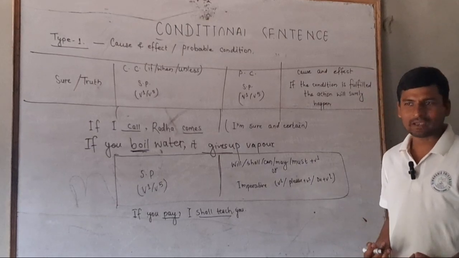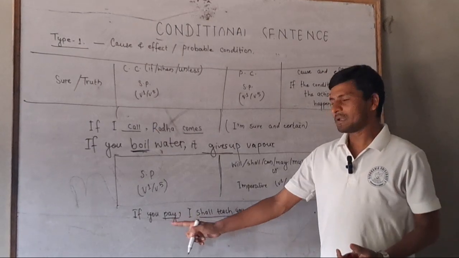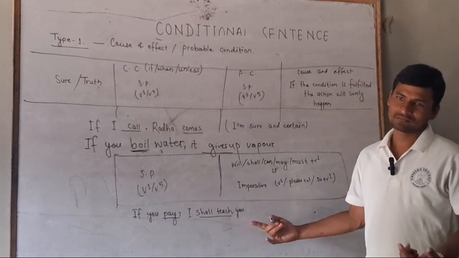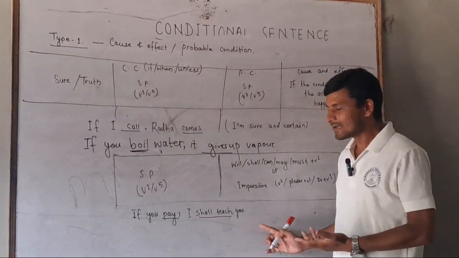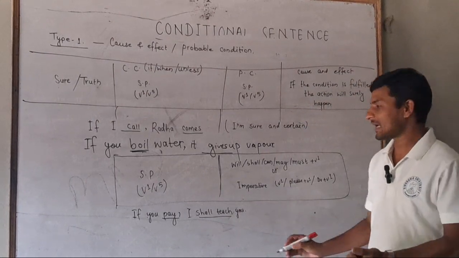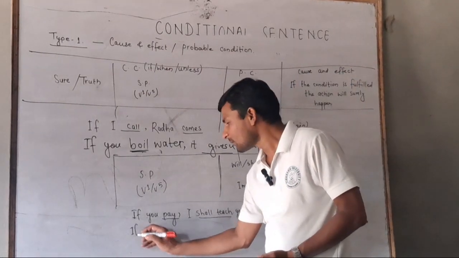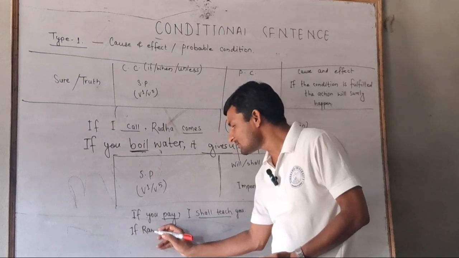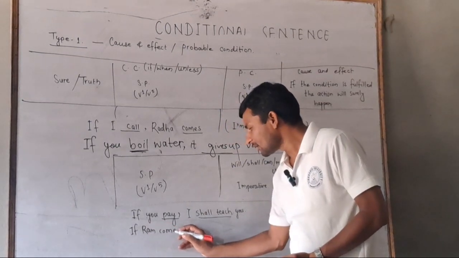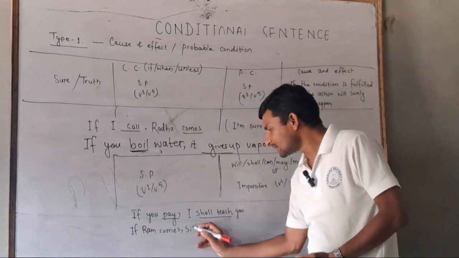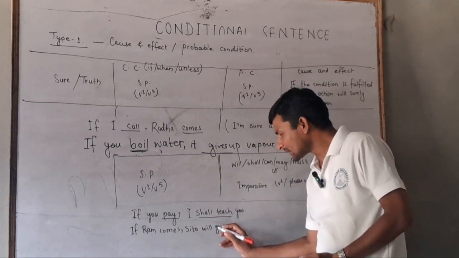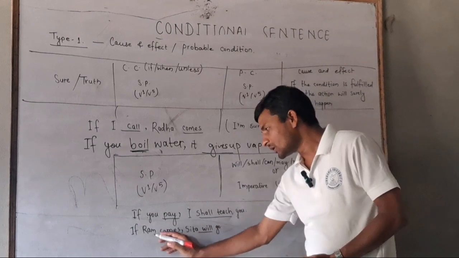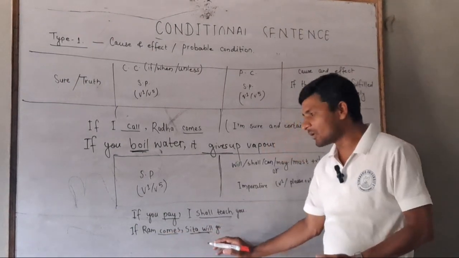If you believe me, then you may use here, if you pay. But if you are not sure, I shall teach you. Like this, if Ram comes, Sita will go.